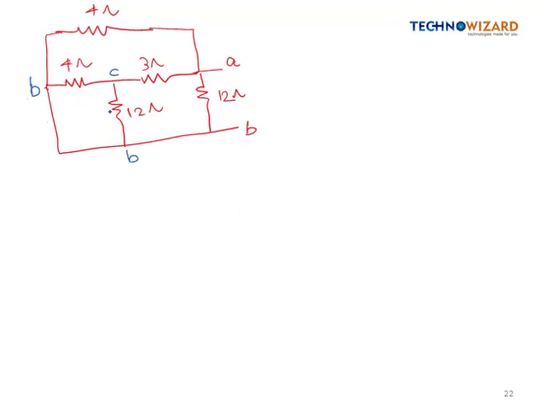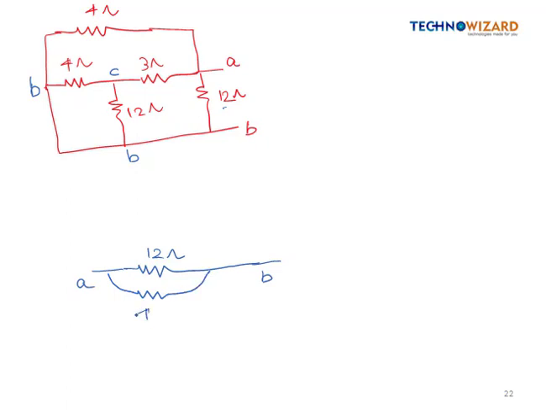So now our circuit can be redrawn as, suppose this is A and this is B. In between A and B, this 12 ohm resistance is connected. Also in between A and B, this 4 ohm is connected. It means they both are connected in parallel, right?